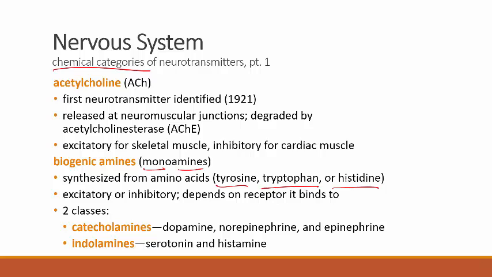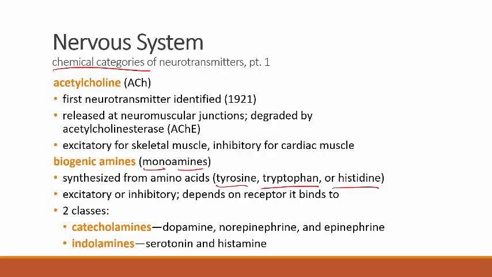Depending on the postsynaptic cell, the release of these biogenic amines may have excitatory effects or inhibitory effects. It really depends on the receptor that is binding them.